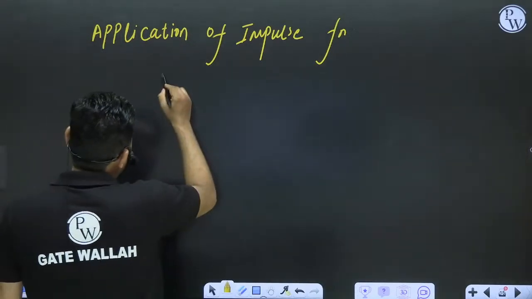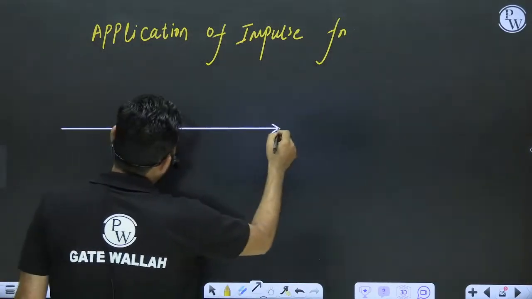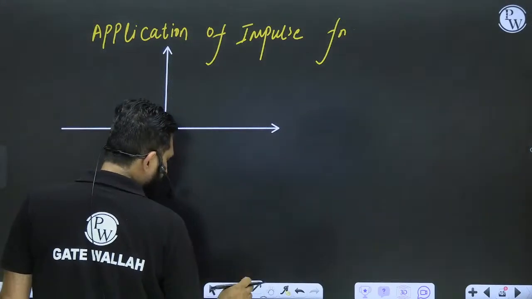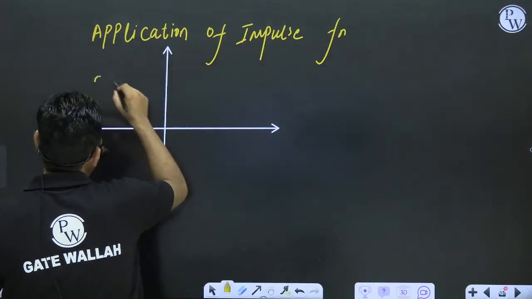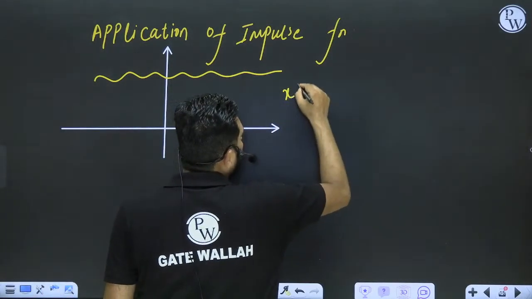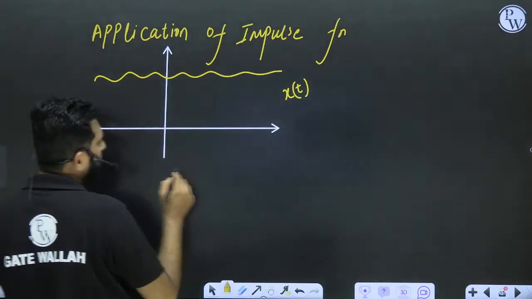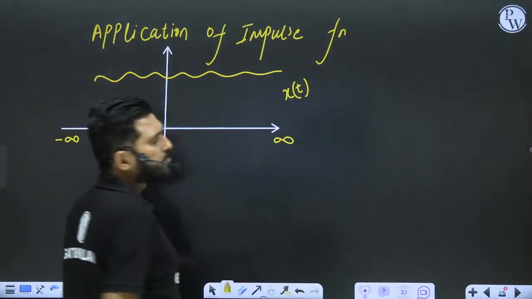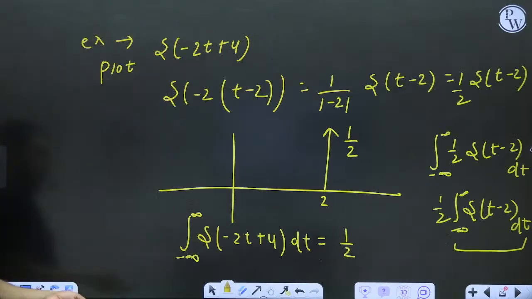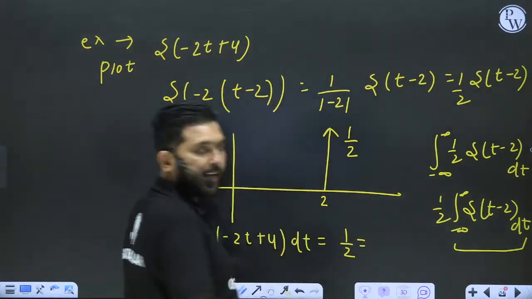Suppose I have x of t, from minus infinity to plus infinity, where the area under the curve is 1 by 2.